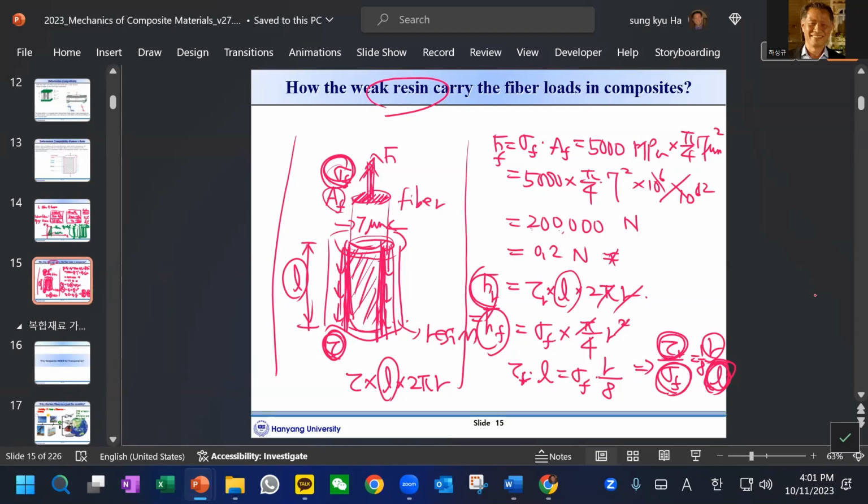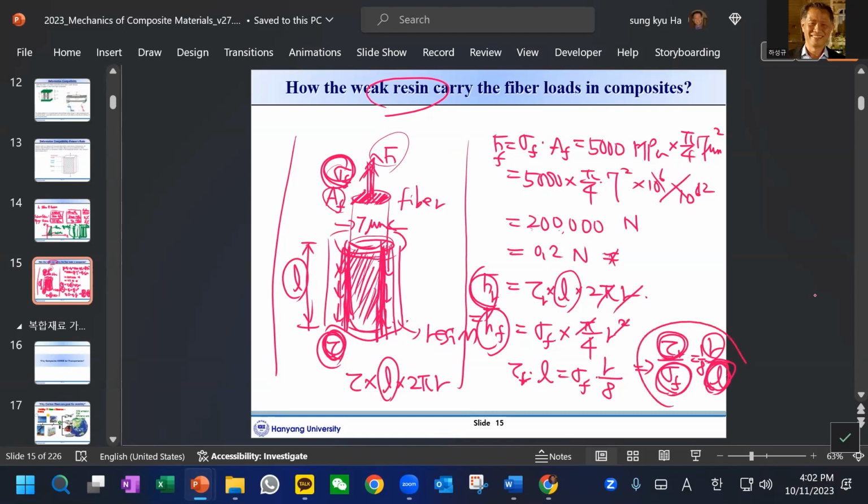And the contact area is very large compared to this R. So even though this resin shear strength is low, the load by this fiber will be well carried by the resin system, since this contact area is very large.